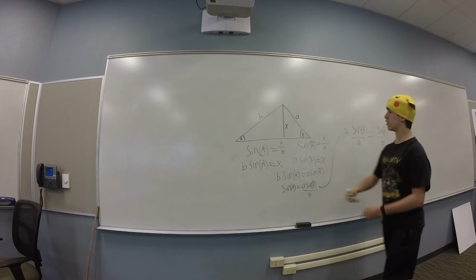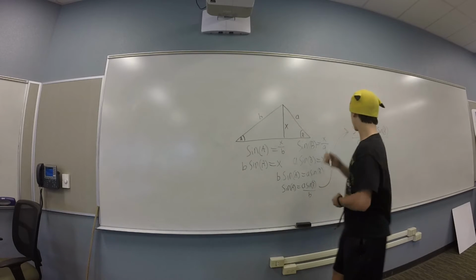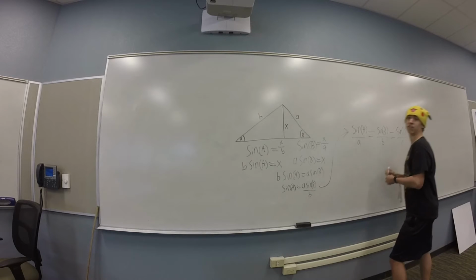And since I chose these angles and sides completely arbitrarily, we can throw in a C here too, because it would make absolutely no difference whatsoever, and thus we have the law of sines.